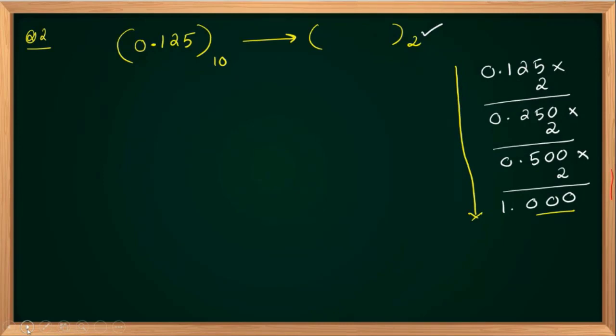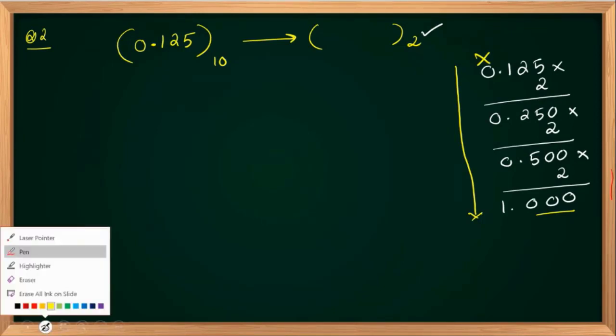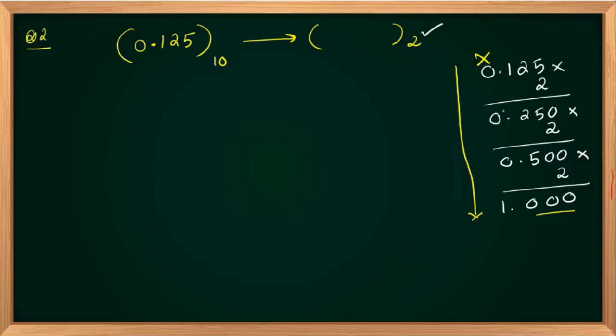While writing that, you should not include this. So you can write it top to bottom, this value and this value: 0, 0, 1.